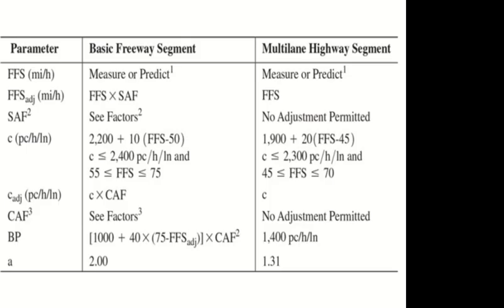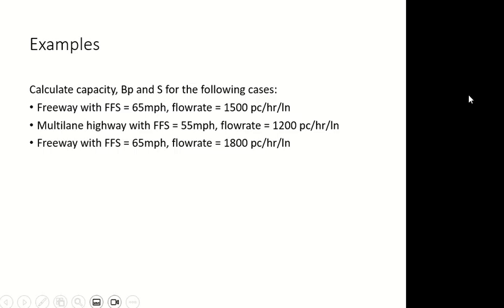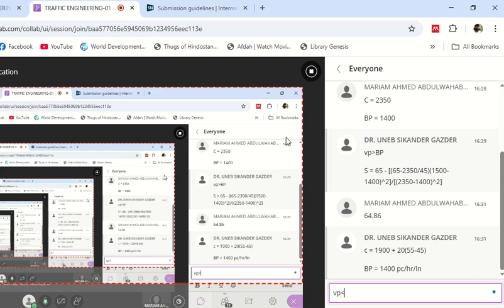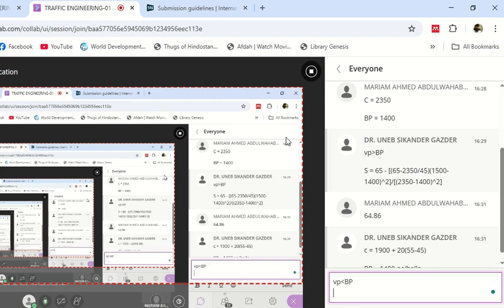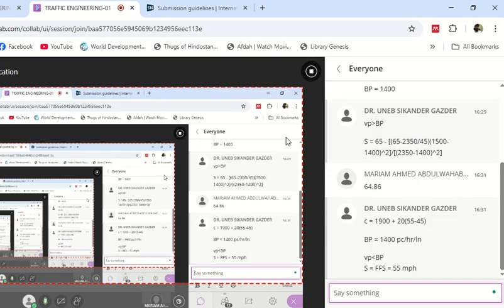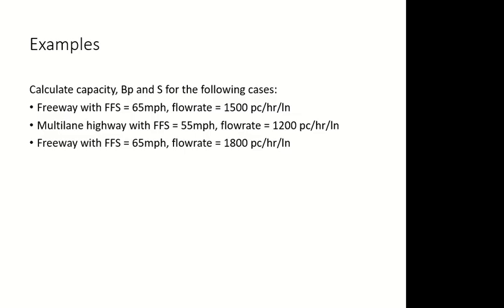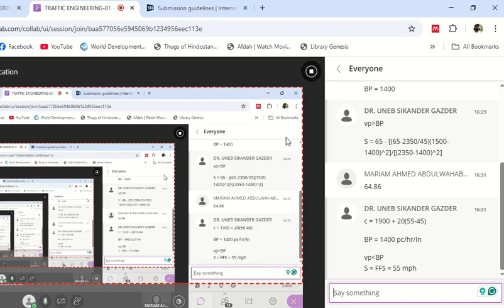If I look at the flow rate here, flow rate is less than breakpoint. That means speed equals free flow speed, so it is 55 miles per hour. So you can go ahead and do the third example as well. It's about a freeway. Any questions?